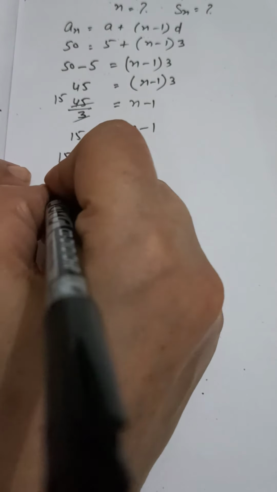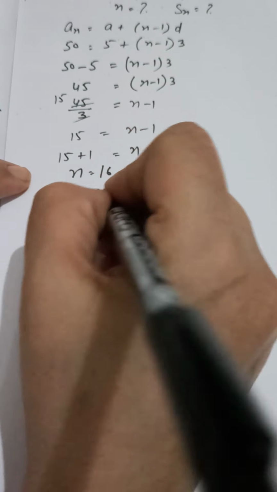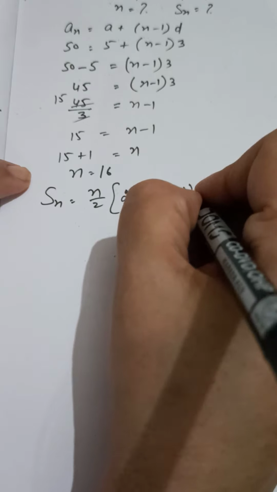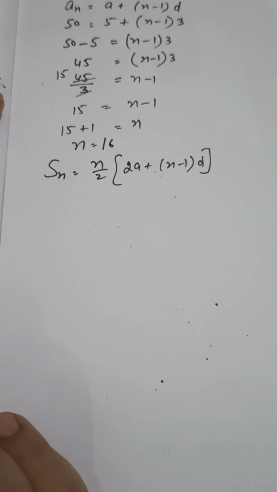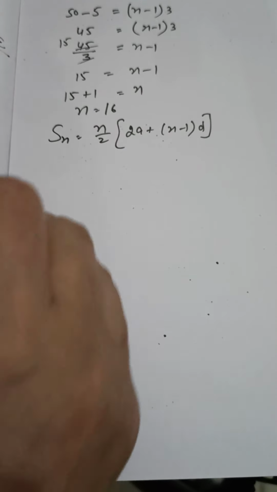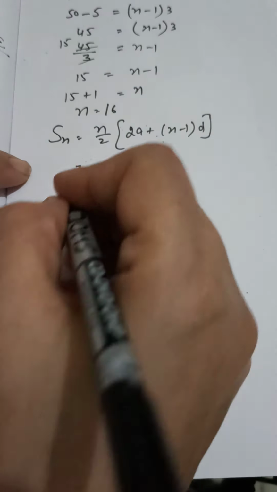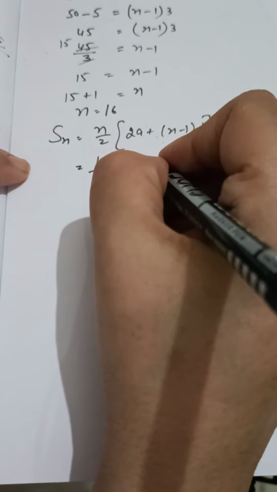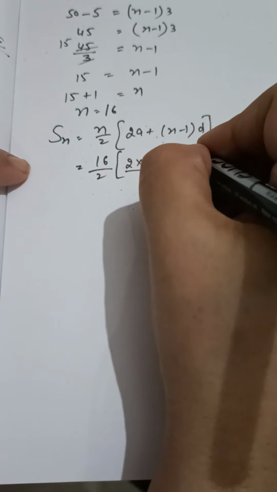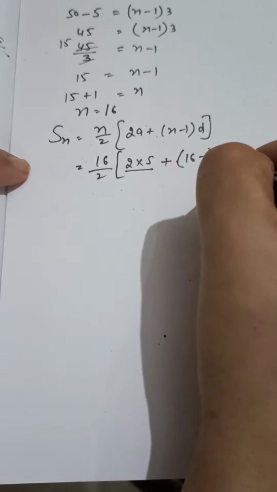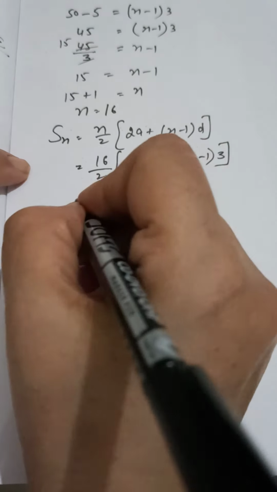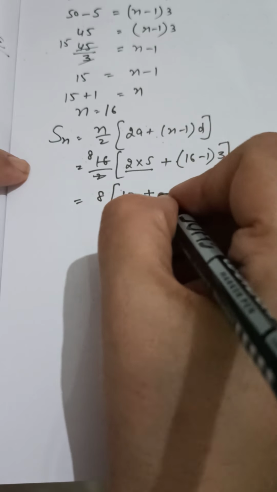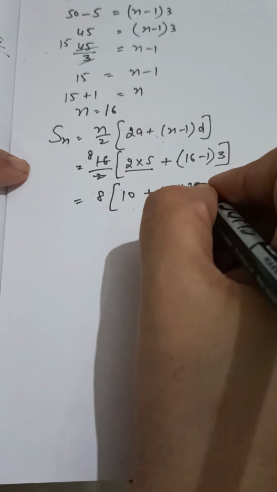Now you have to find Sn. Sn is equal to n upon 2, 2a plus n minus 1 into d. Sn is equal to 16 upon 2, 2 multiplied by a, which is 5, plus 16 minus 1 into d, d is 3. 2 8s are 16, so 8 into 10 plus 15 into 3.